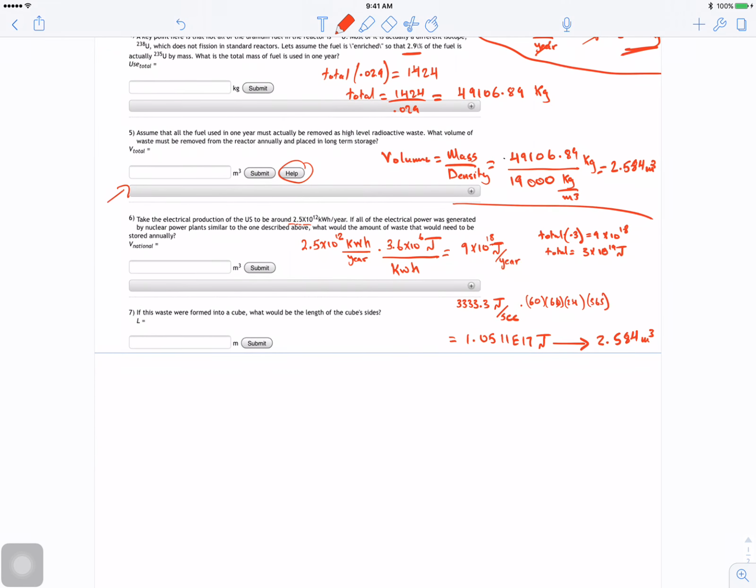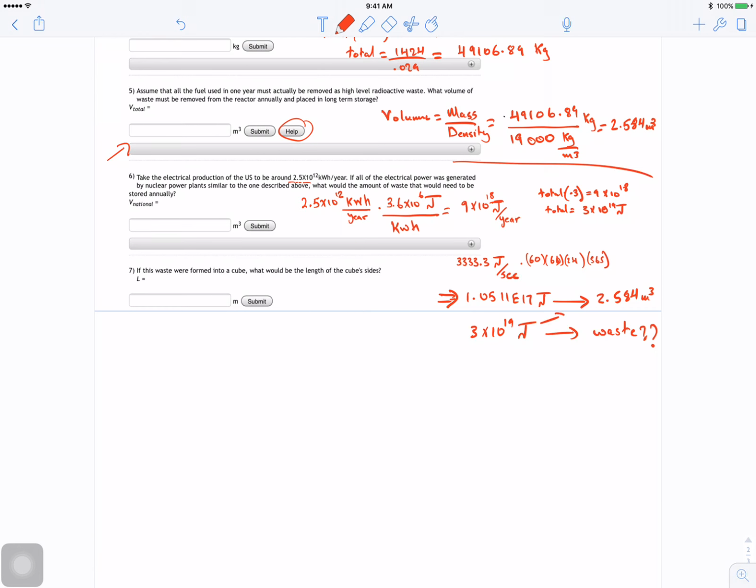So we just need to compare them together. So 3 times 10 to the 19 joules. How much waste does this give? So multiply this by this, divided by this. So 2.584 times 3 times 10 to the 19 divided by 1.0511 times 10 to the 17.